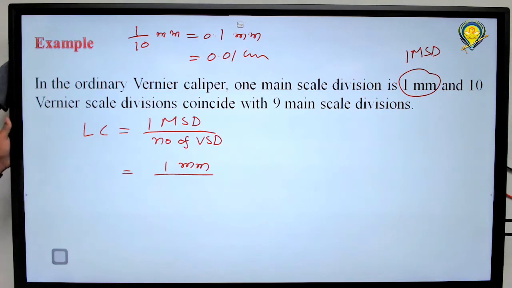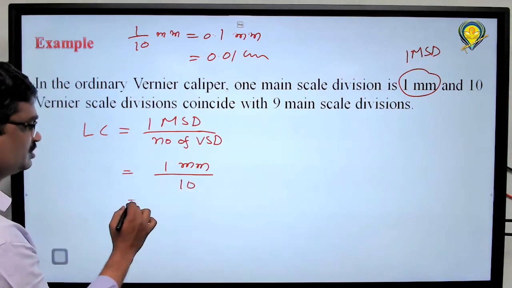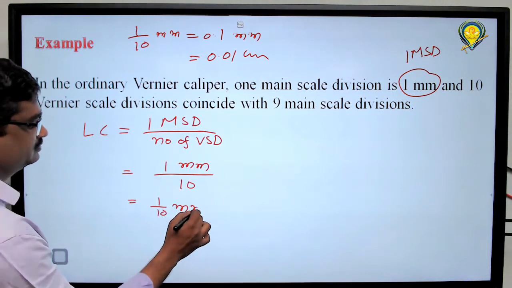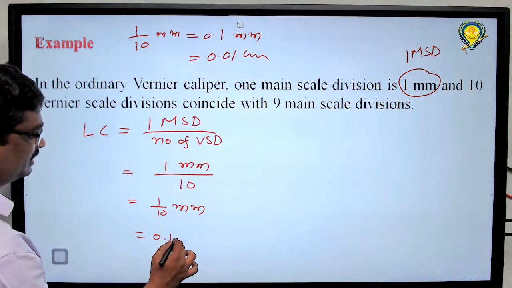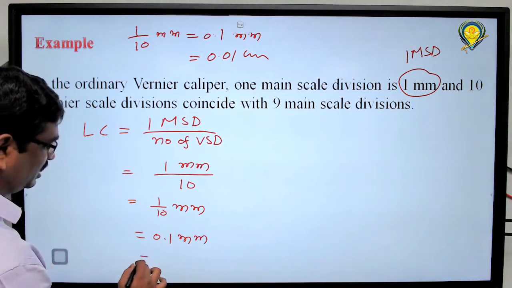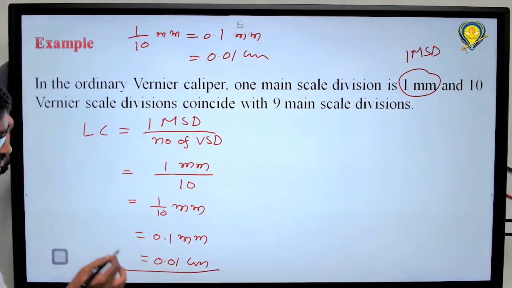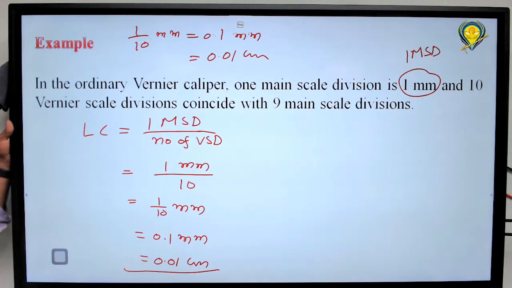What is the number of vernier scale divisions? 10. So 1 by 10 mm, or 0.1 mm, or 0.01 centimeter. In terms of centimeter only we need to measure. For vernier calipers, centimeter is the basic measurement. For screw gauge, millimeter measurement.